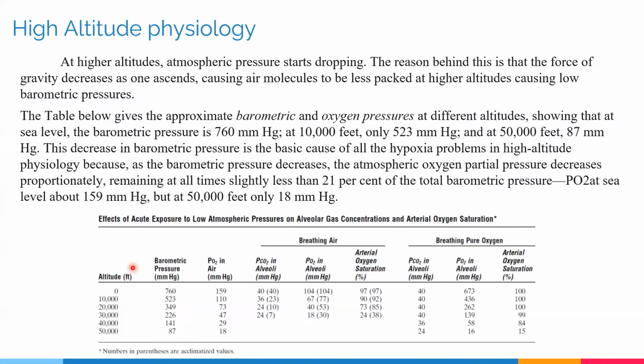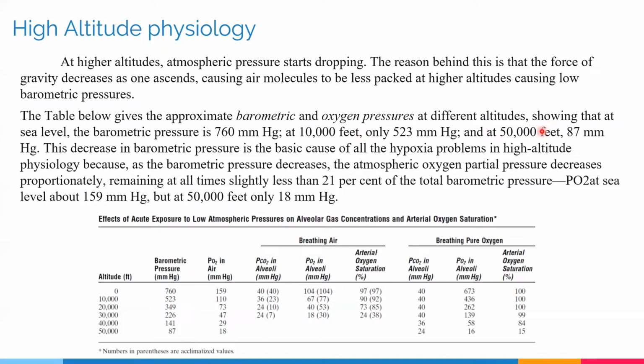The table below here shows approximate barometric and oxygen pressures at different altitudes. So barometric pressure is essentially the atmospheric pressure due to all the gases present in the atmosphere, and oxygen pressure is specific to only the pressure exerted by oxygen.